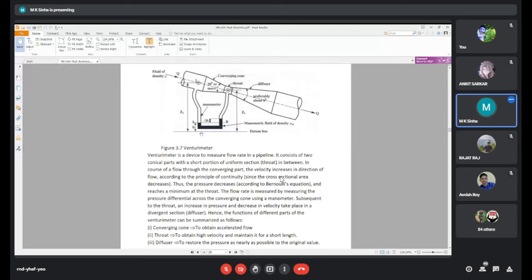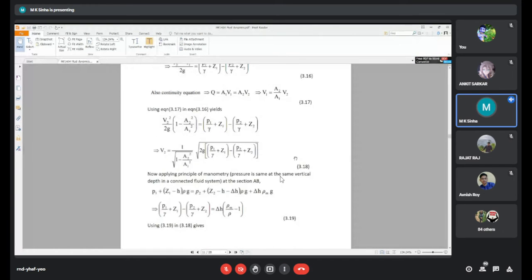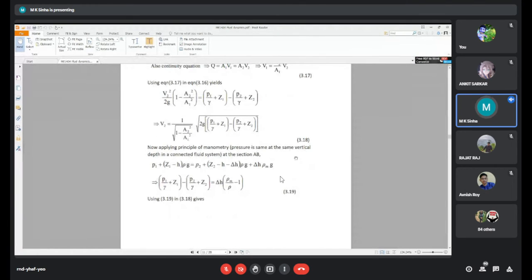So here, that is the mark, the section line AB in the manometer. That line represents equal pressure.